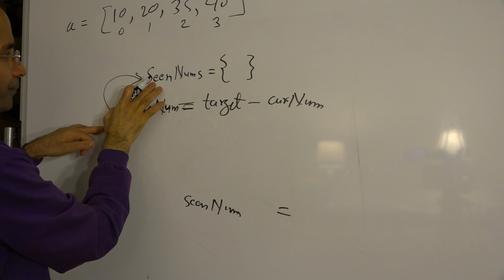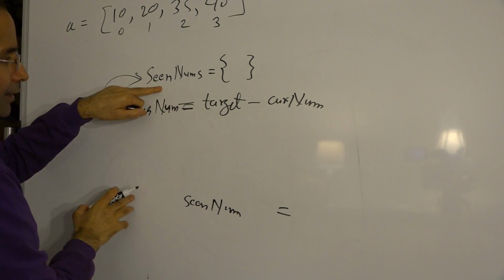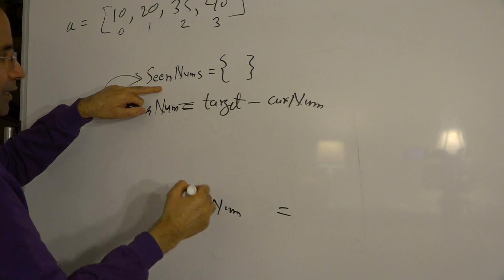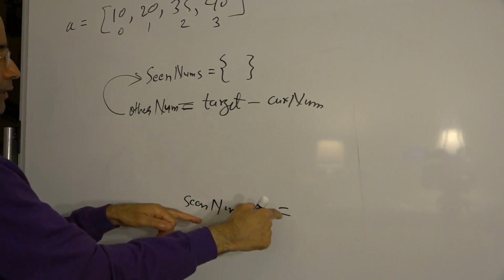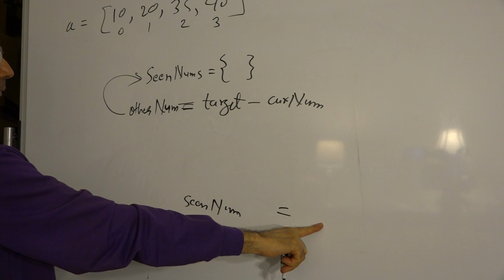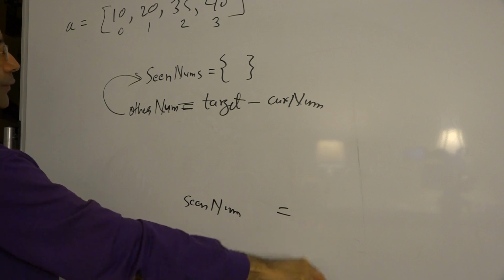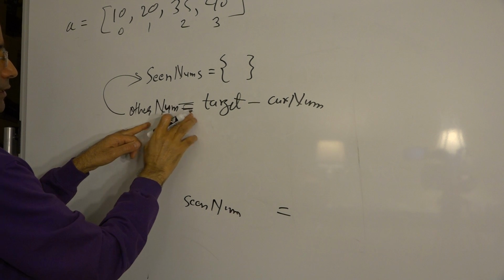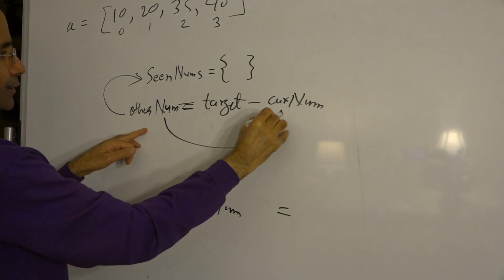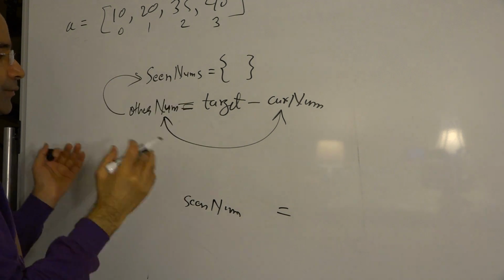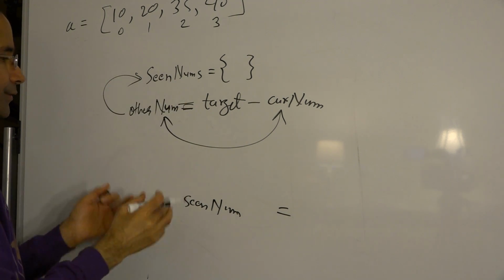If it is there, I know how to get it back, because programming languages provide a way to get the value back, and I'll be storing the index there. So in that case, if this is satisfied, these two are the pair. And for this problem, whenever we find the first pair, we'll just return the indices.